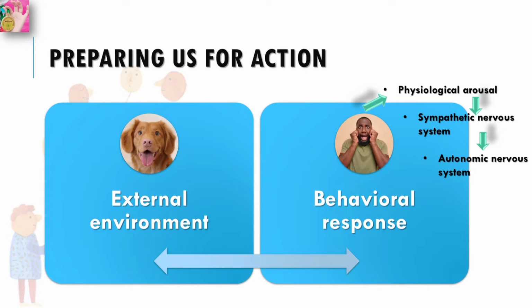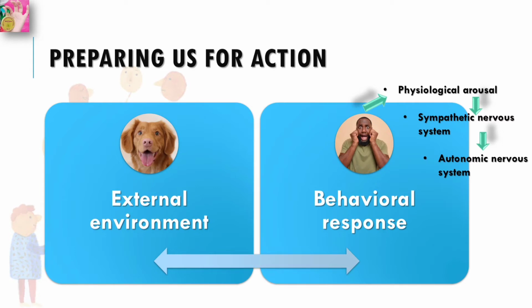Now, in short, if you have watched our previous videos, we have discussed the fight or flight response, so we can include that theory here. Emotions prepare us for action. That action can be a fight response or a flight response. For example, in a threatening situation like the dog charging towards us, it will be up to the human what type of action he is prepared for.